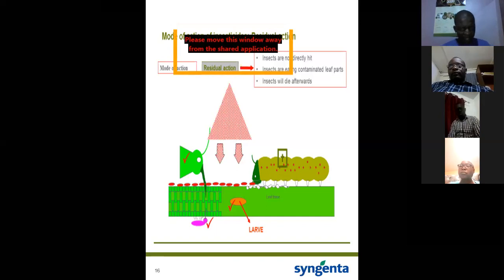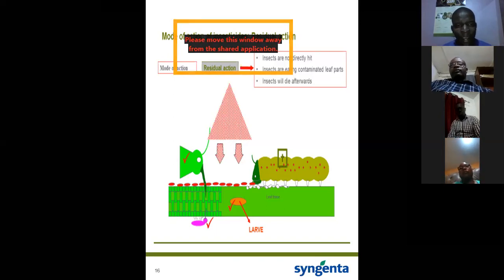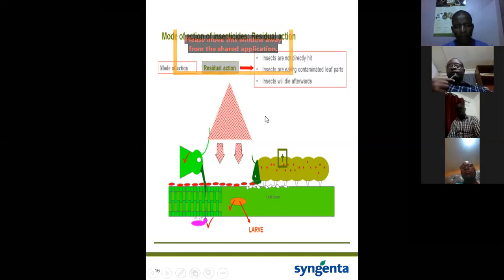Now let me explain a bit on the modes of action, because I was talking about systemic and contact, and people didn't understand what was meant by contact and what was meant by systemic.